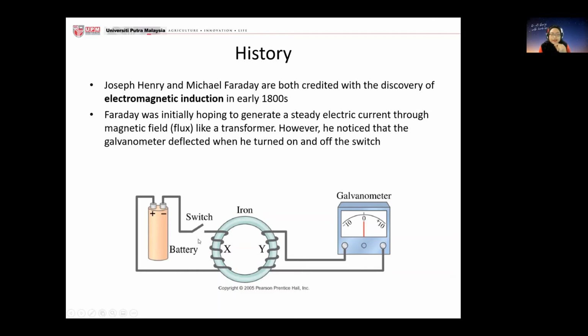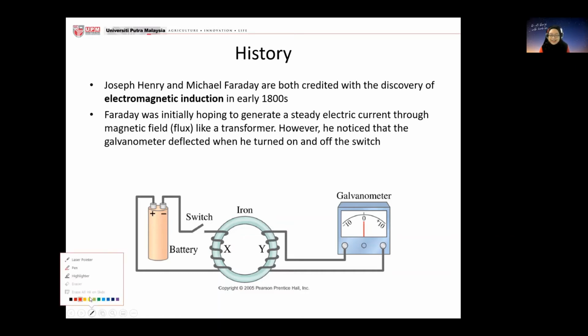When he switched it off, the same thing happened, but the direction is different. Before this, the galvanometer was moving this way. When he switched it off, the galvanometer goes that way.